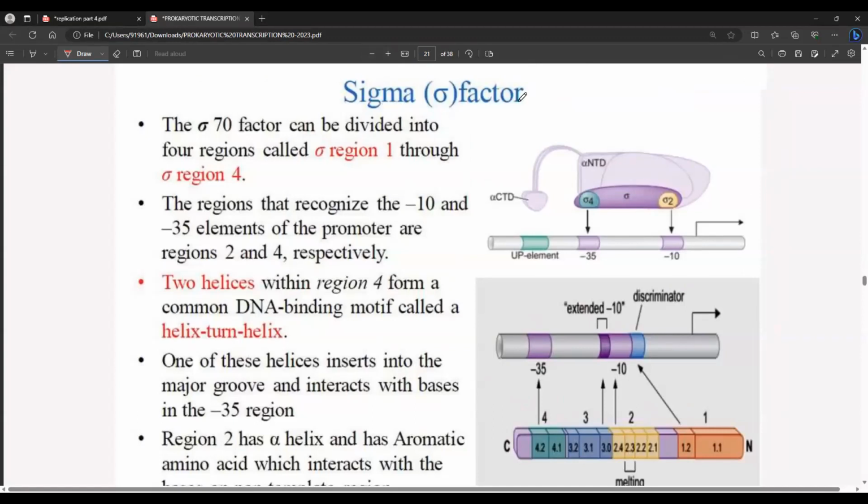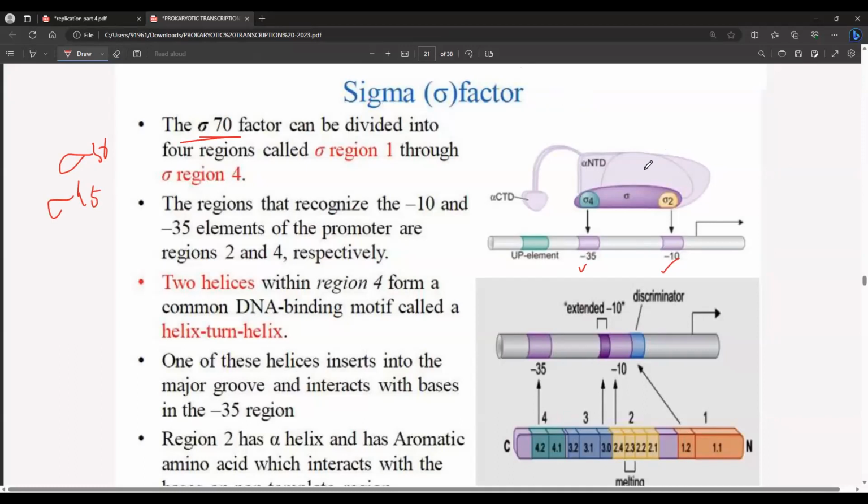What all of you said: sigma factor is the one which is responsible for helping the RNA polymerase enzyme to recognize the promoter. Absolutely true. Now please remember, there are many sigma factors, friends. Sigma factor 70, sigma factor 30, sigma factor 45. But friends, the major sigma factor that is involved in the transcription is sigma 70.